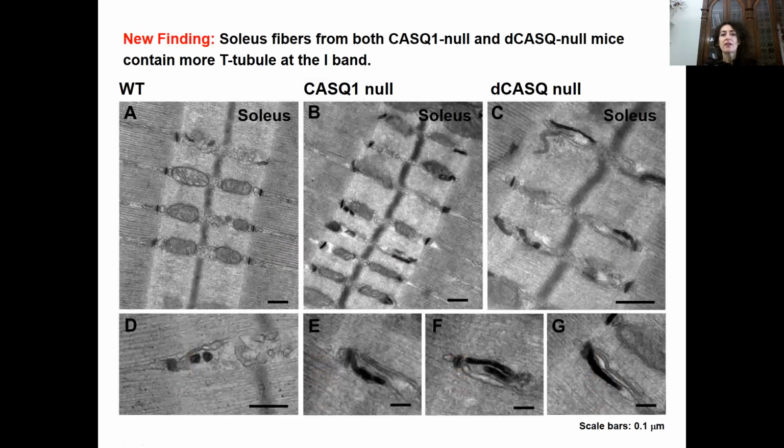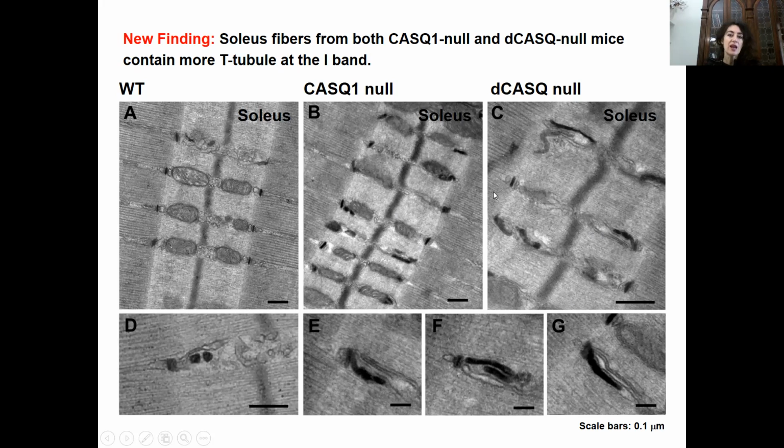We performed a similar electron microscopy analysis also in adult fibers from soleus. And for the reason I anticipated in the previous slides, we stained with ferrocyanide not only soleus from the wild type, but also from calsequestrin 1 null and double calsequestrin null mice. As is visible if you compare these images, the wild type with the knockouts, we found an abundant presence of longitudinal T-tubules at the I bands in fibers from knockout animals.